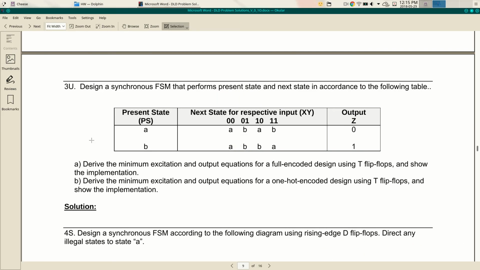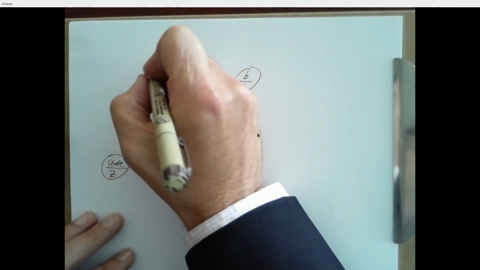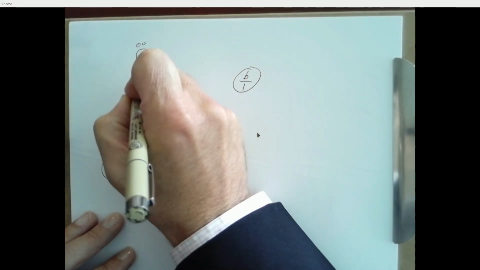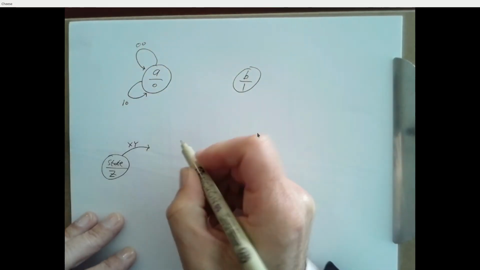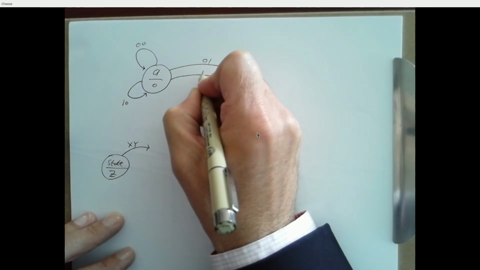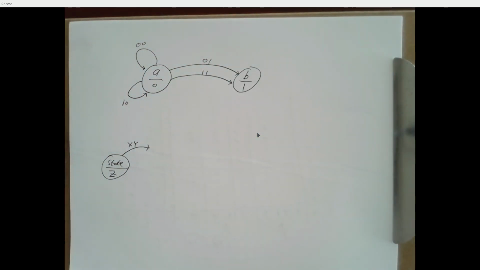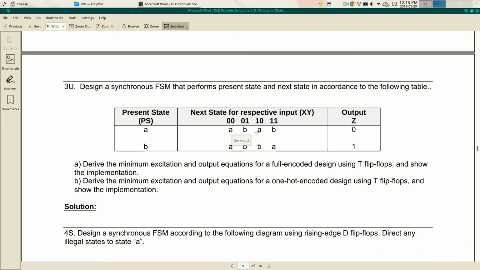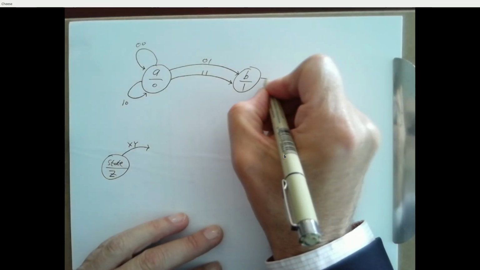And it looks like if you're in state A, we transition to A or B depending on the value of Y. So 0, 0 brings us back to A, 1, 0 brings us back to A, and the other ones bring us to B. And if we're in state B, it looks like 0, 1, and 1, 0 leave us in B, and the others bring us back to A. So something like this.